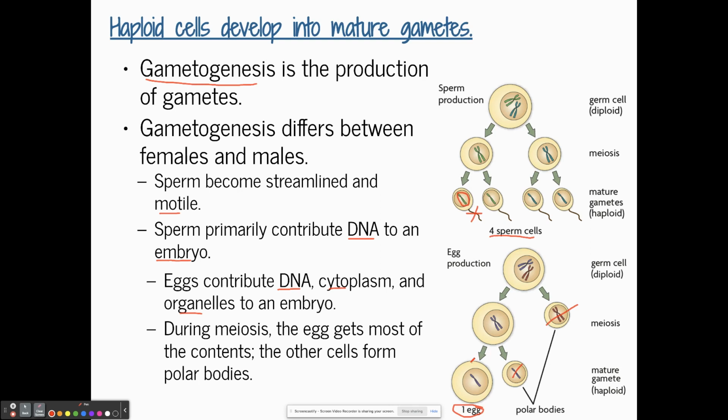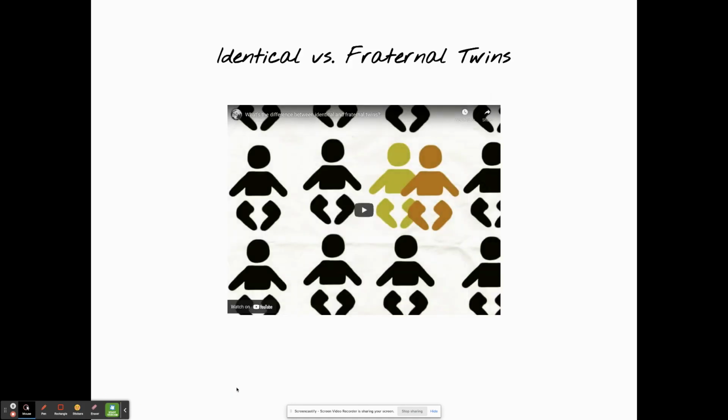But any more than 2 will put stress on the woman's body, and she'd probably have to be in medical care to make sure that everything is okay with the babies. So that is a little FYI. All right. I want you guys to go ahead and watch this video. I'm not going to play it during my lecture, but please watch the difference between identical versus fraternal twins.